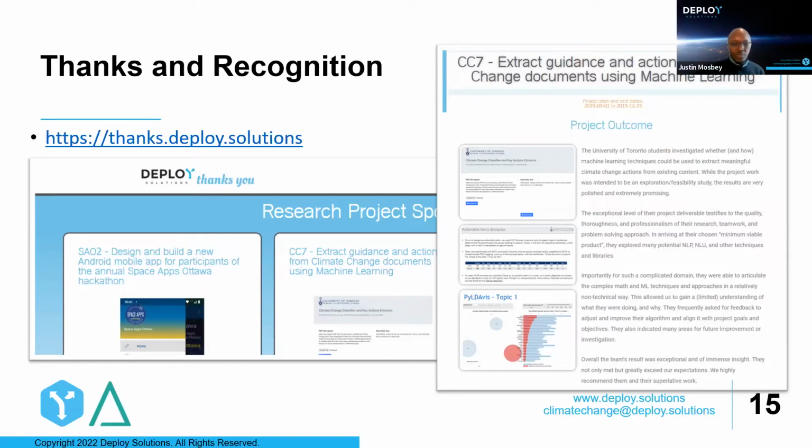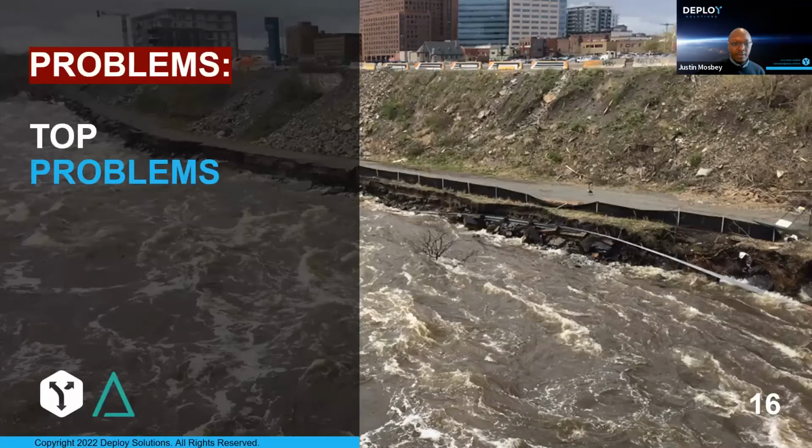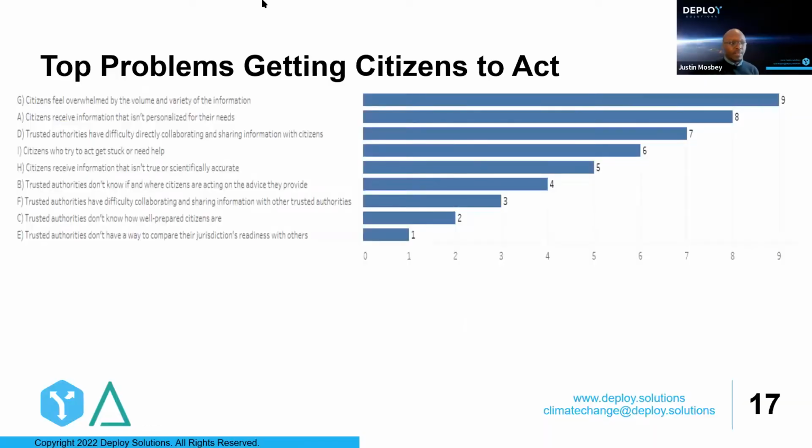I'm now going to switch to problems, top problems. Like I mentioned earlier, as we are trying to identify the communication gaps between citizens and trusted authorities during climate change disasters, we interviewed 115 Canadians from all provinces, and they included citizens.